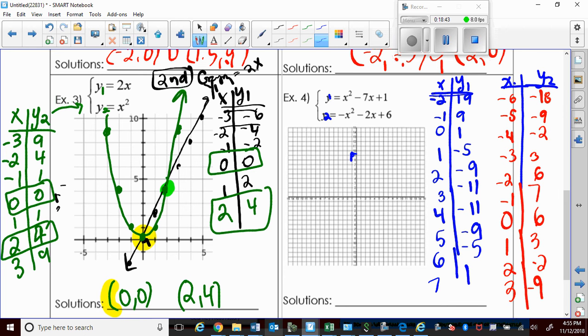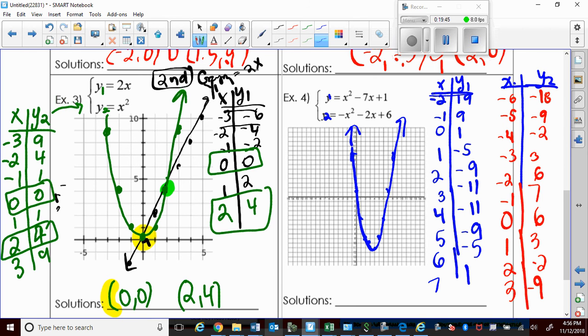There's a point here. 0, 1, 1, -5, down here. 2, -9, right about here. 5, and so here's my first curve.